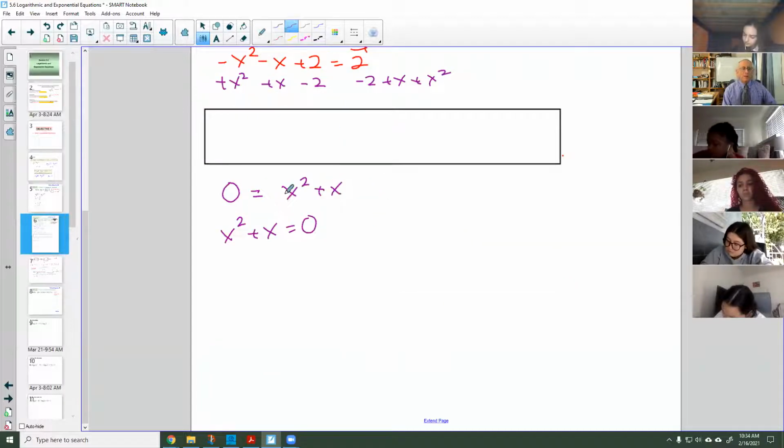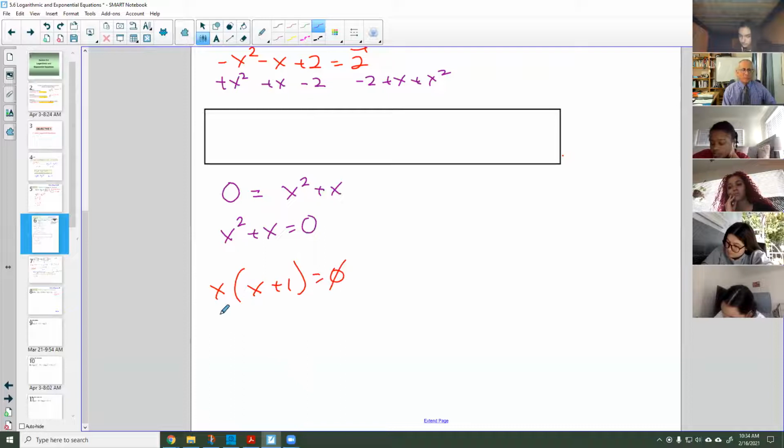So I am going to factor out an x, and I have x times x plus 1 equals 0. So I can see I have two solutions. One is x equals 0, and one is x equals -1. Are we okay with that?